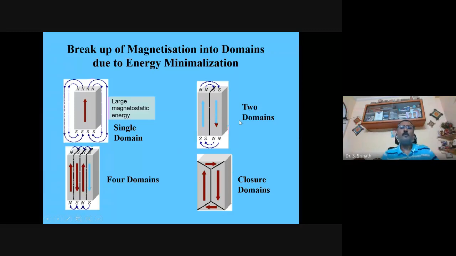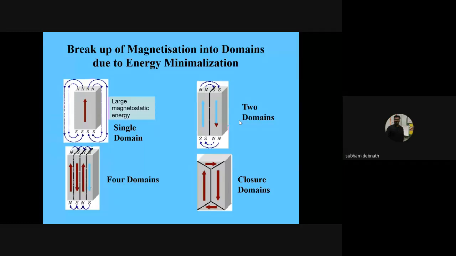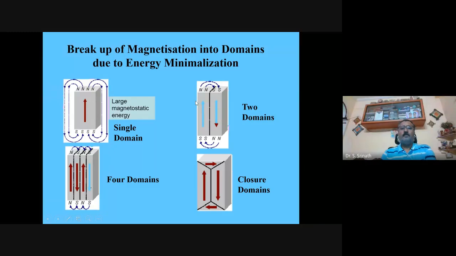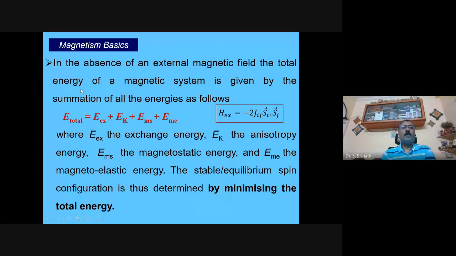What do you think will happen in a domain wall? Sir, the spins, the dipoles which are near the domain walls, there will be an effective magnetization towards the direction. Okay, we'll try to see.